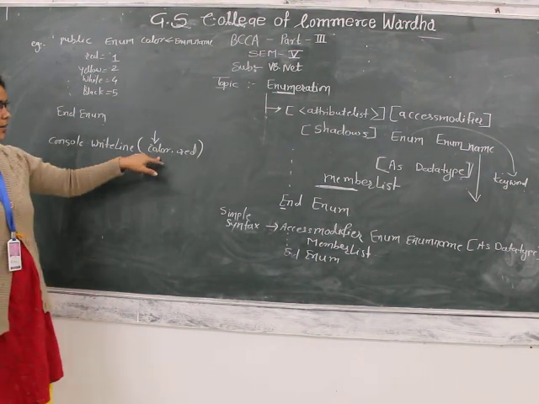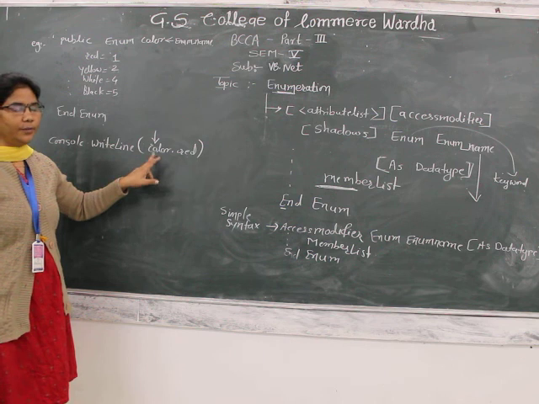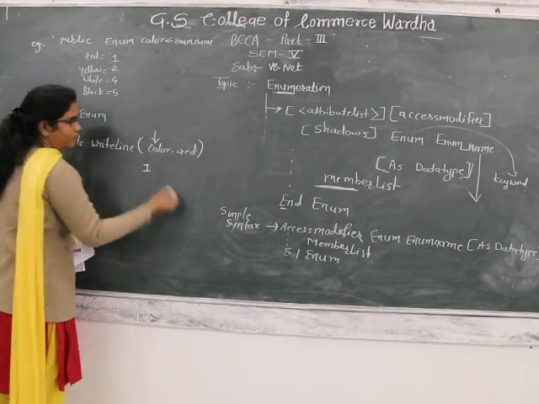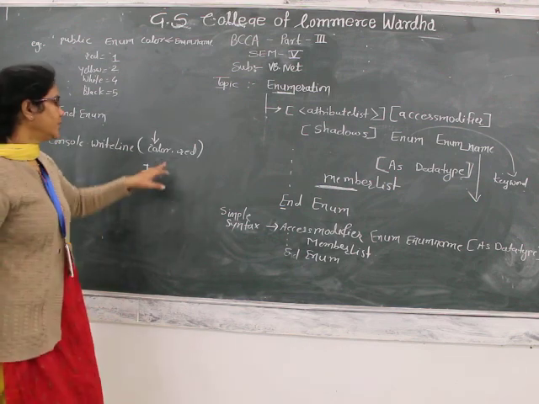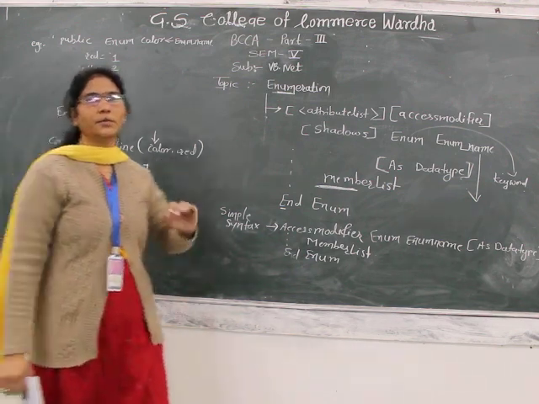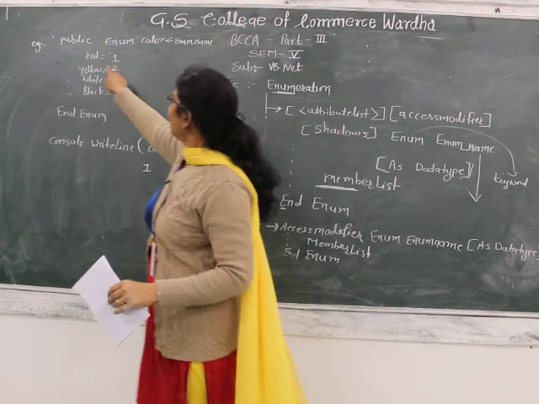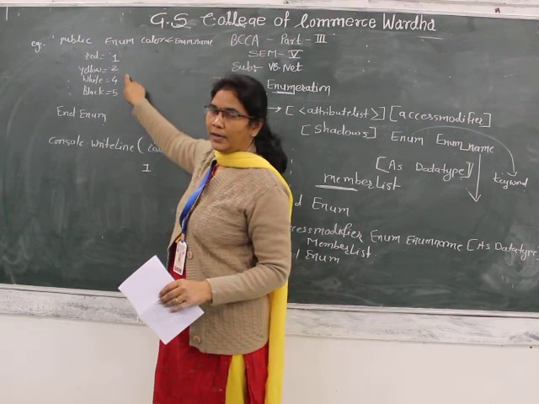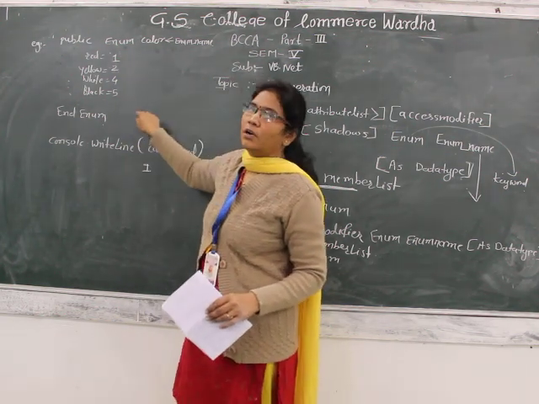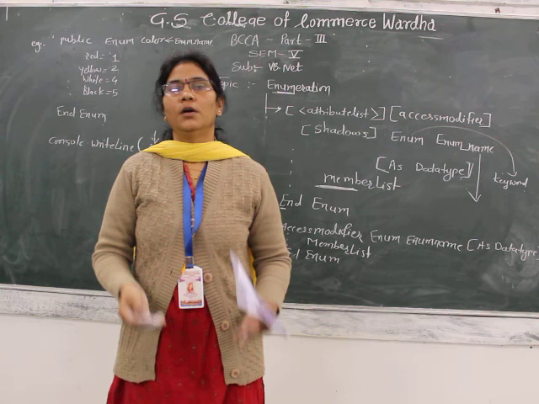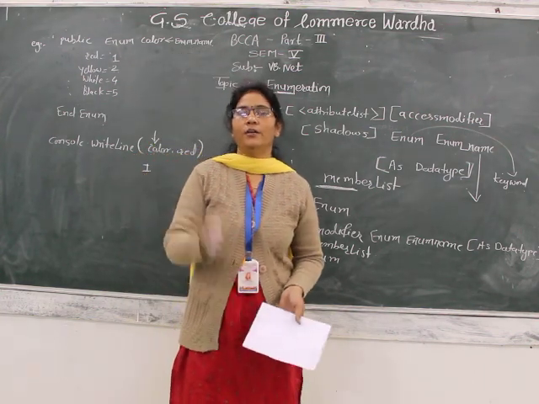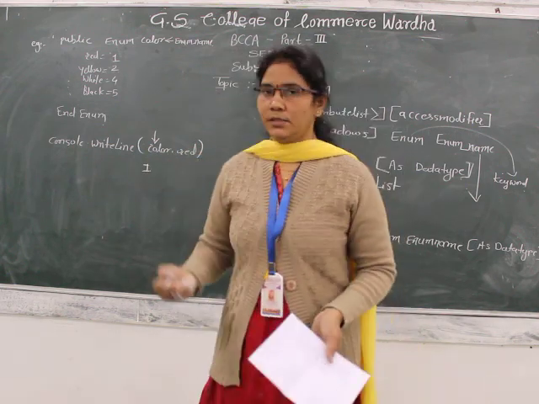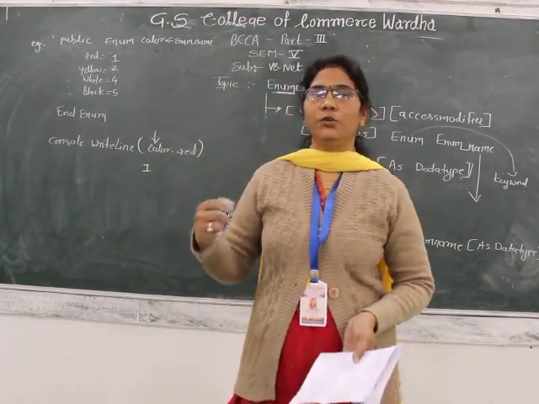That's why we write Color.Red. So what will be the output? The output will be 1. Why? Because Red has that number, and this is the enumeration. So we are converting our string type of data into numeric, for easily identifying and accessing that string through the numeric field.